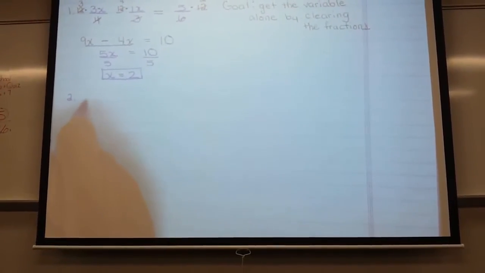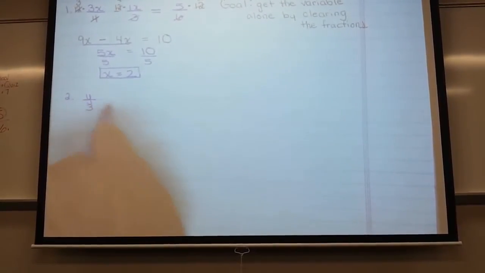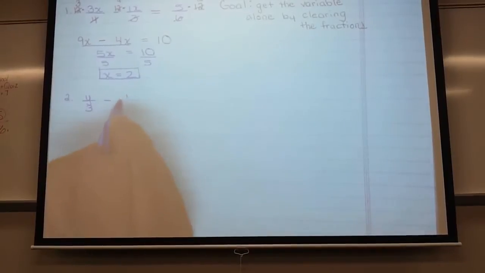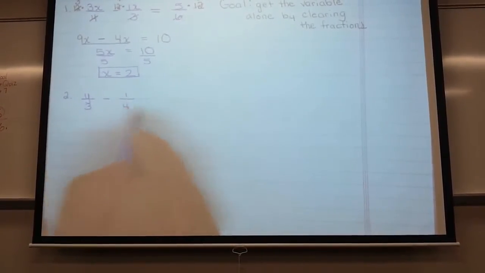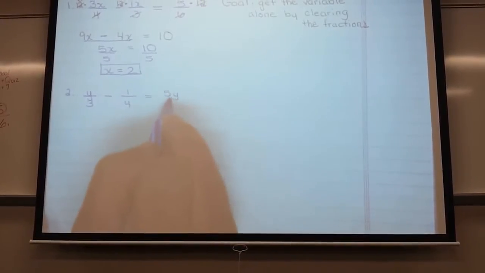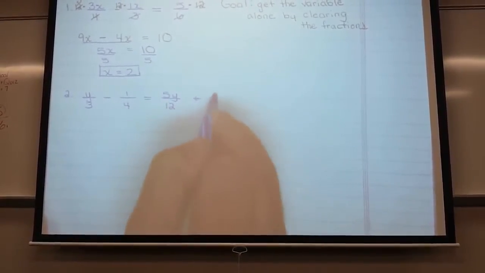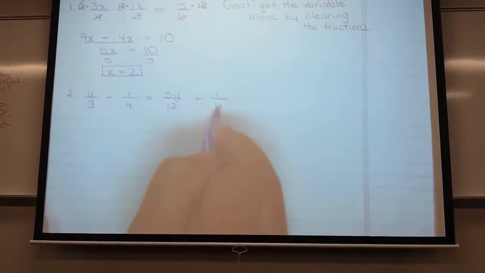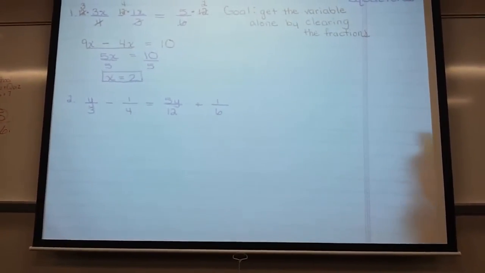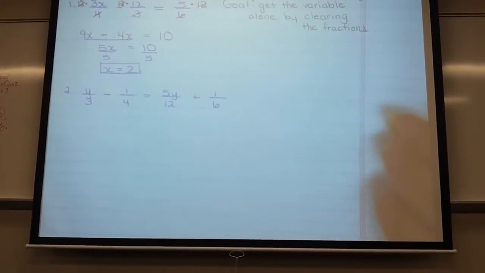All right, let's try y over 3 minus 1 over 4 equals 5y over 12 plus 1 over 6. A lot of the times the common denominator can be 12 because numbers can go into 12.